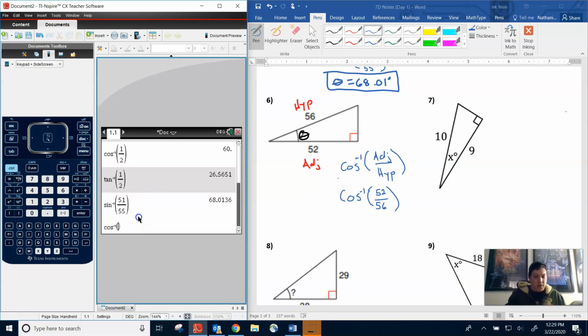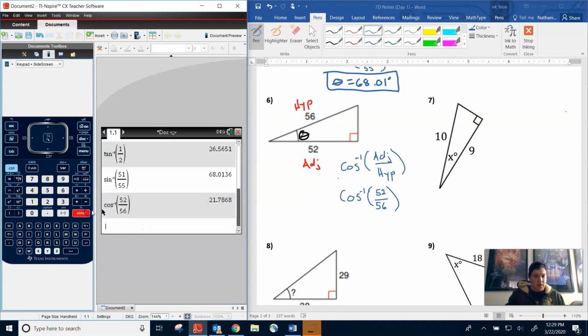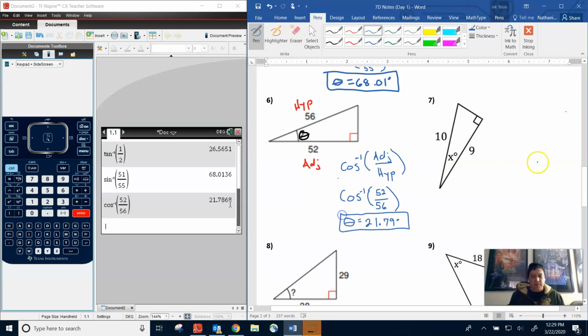Trig, we're going to do cosine inverse of 52 divided by 56. Hit enter. All right, so we got that. So our theta, our missing angle, is going to be 21.78. There's a 6, so the 6 rounds up, turns that 8 into a 9 degrees. And that's the measurement of that angle.